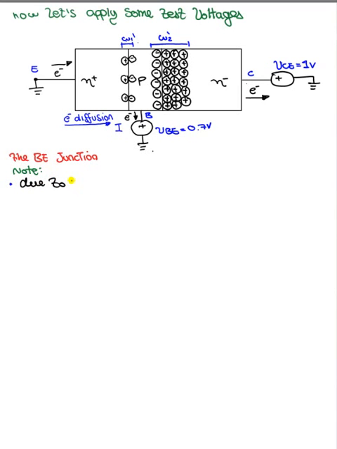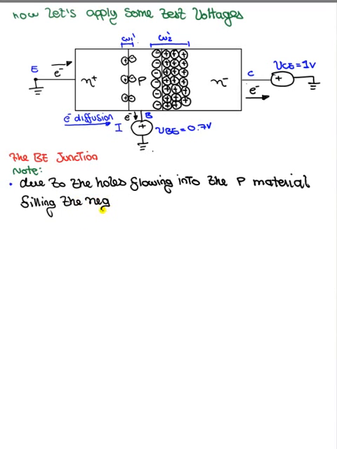So that's the first thing that we want to write down. Due to the holes flowing into the P material, filling the negative fixed charges. You can also think of the electrons as the ones coming out, right?